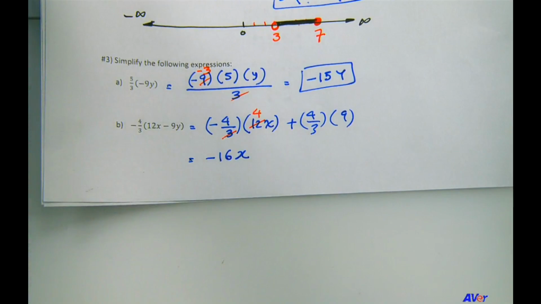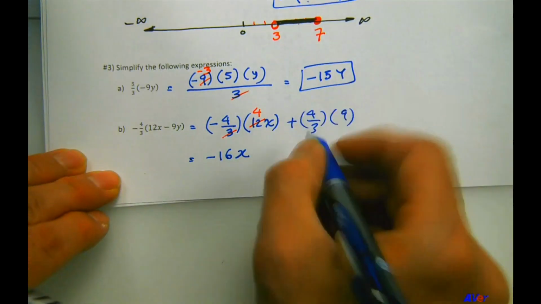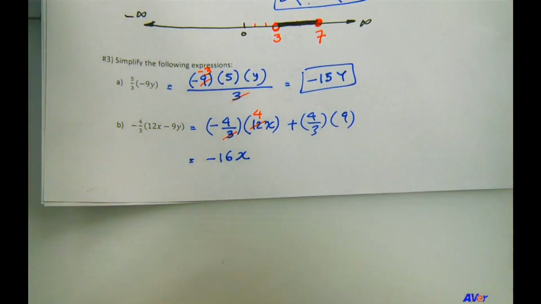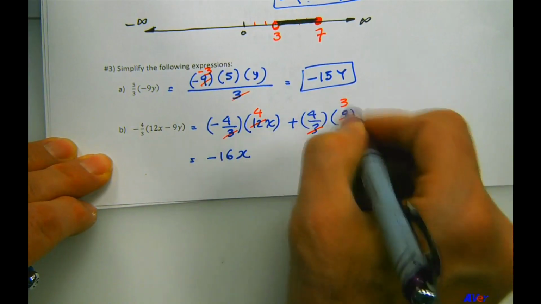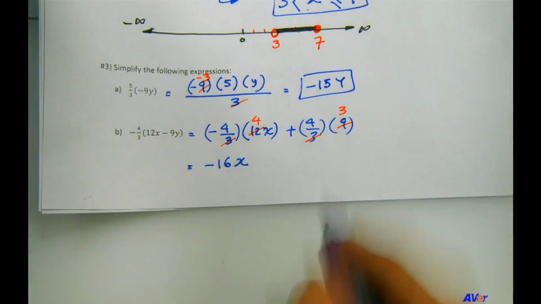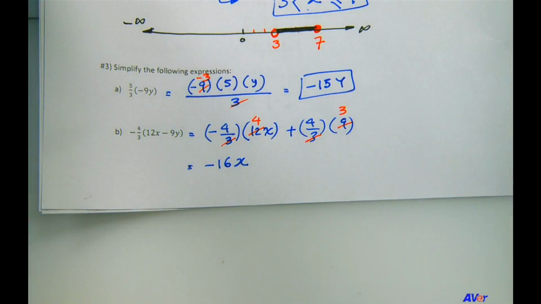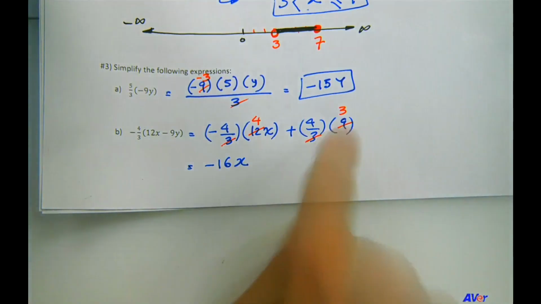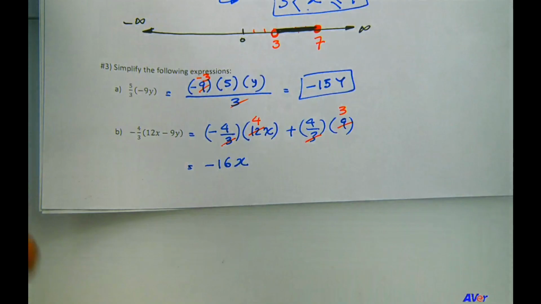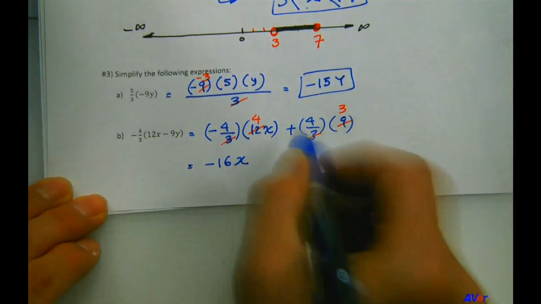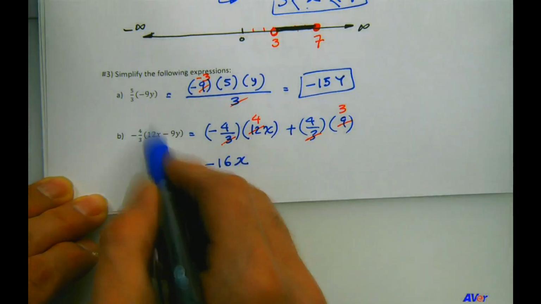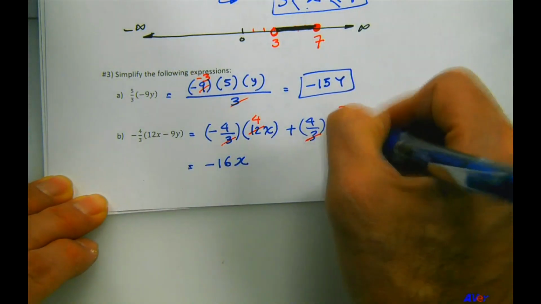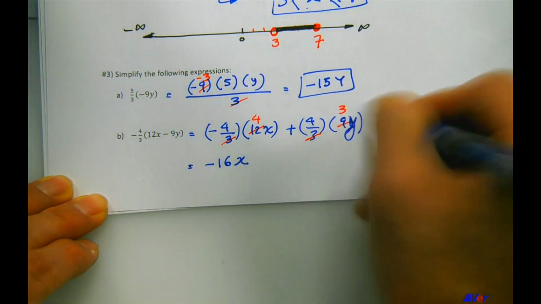Okay. And then the second term, we have 3 is a common factor of 9. So we're left with 3, and we're left with 1 here. So 4 times 3 y, and I forgot to write down the y there. So this would be minus 4/3 times that is positive 4/3 times 9y. Like that.